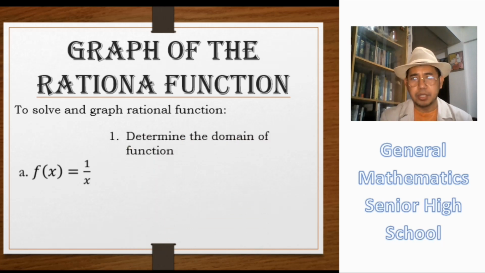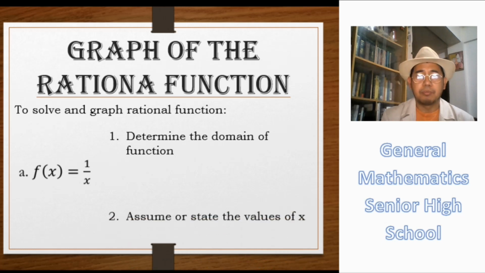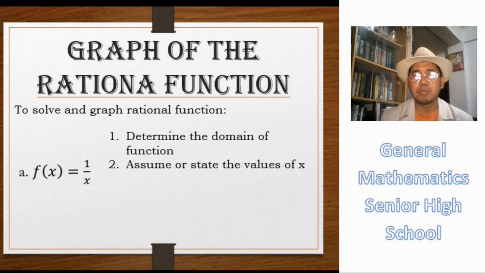One in here is determine the domain of the rational function. Again, when we are going to have the domain of the rational function, we have to consider the restriction. The restriction is that the denominator must not be 0. Number 2, after determining the domain of the rational function, now we're going to state some values of x.